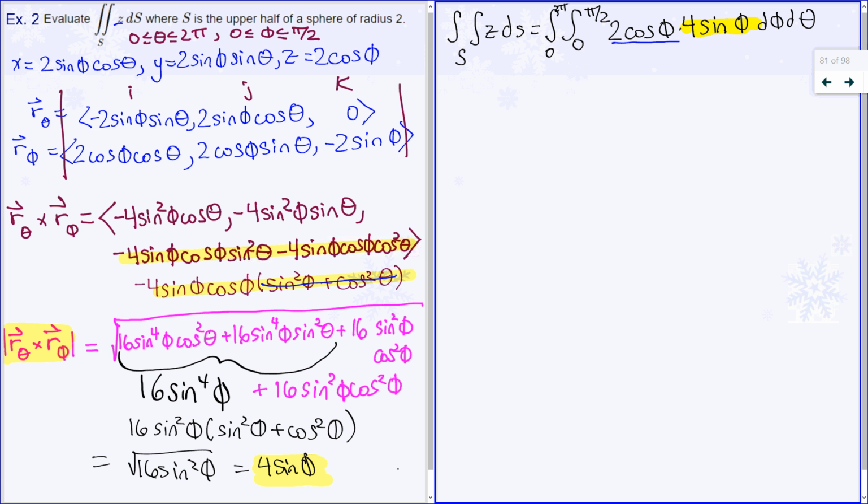And I filled in the bounds of phi and of theta. Any questions on that part of it? Okay, can we split this into two single integrals, a product of two? Yeah, let's do that.